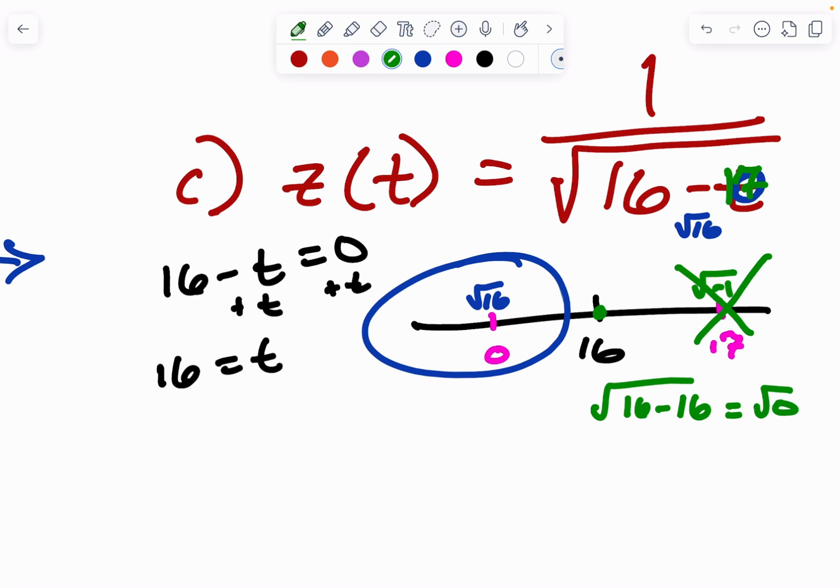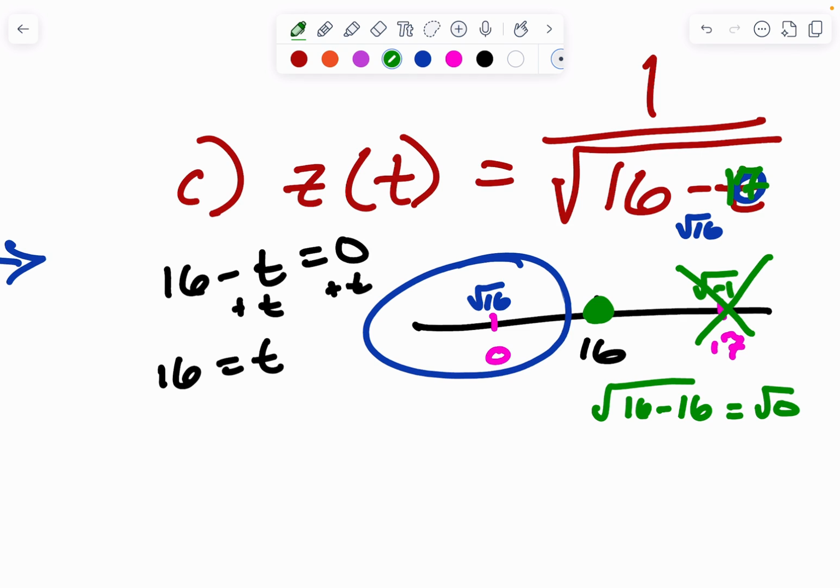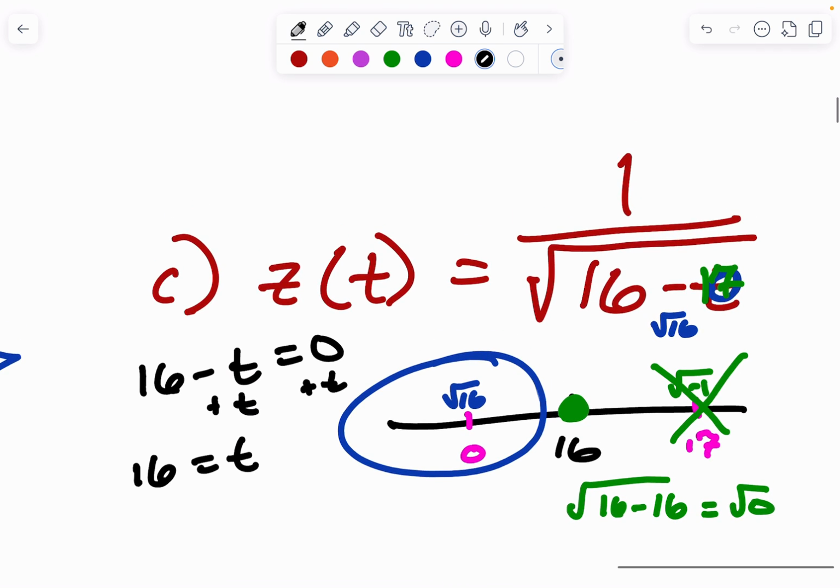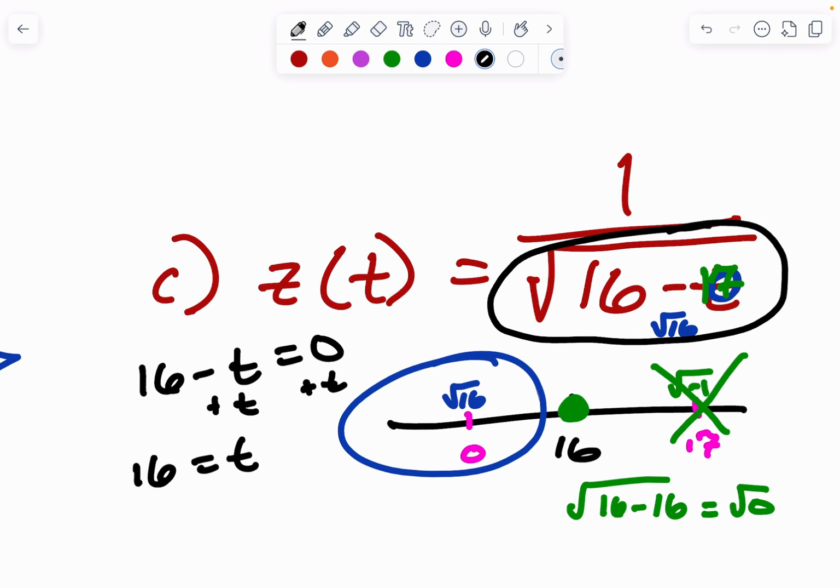Like this would be a closed circle, except for the fact that in this problem, this guy right here, we do not want to be equal to 0 because he's on the bottom. That's where the second domain error comes into play. I do not want that to be 0. So if I have this scenario, then I will end up with 0 on the bottom. So instead of this being a closed circle, he's going to actually be an open circle on 16, okay?